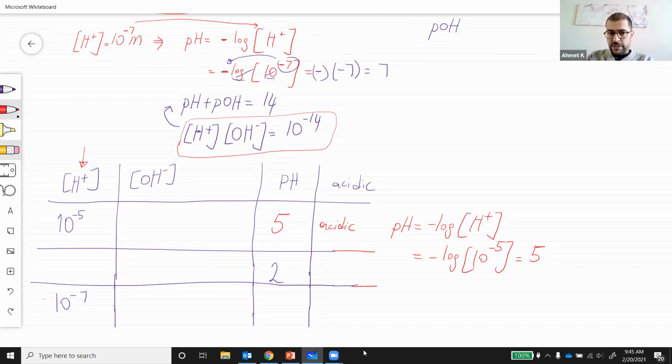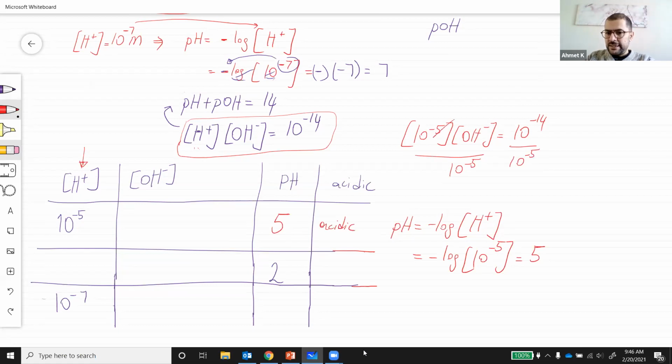I know one of them is 10 to the negative 5, so 10 to the negative 5 times the OH concentration is going to be 10 to the negative 14, right? Now I can find the OH concentration. If I divide everywhere by 10 to the negative 5, this is a little bit math involved, but I think it's not so bad.